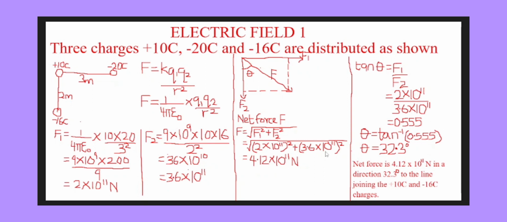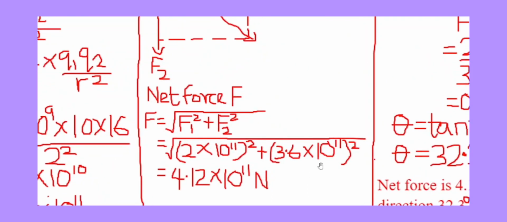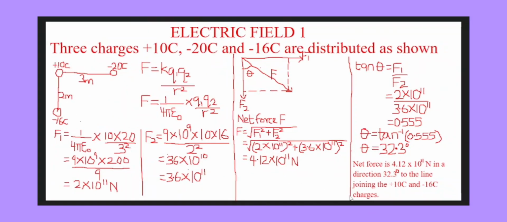By the time we add this together and take the square root, that gives us 4.12 times 10 raised to power 11 Newton.